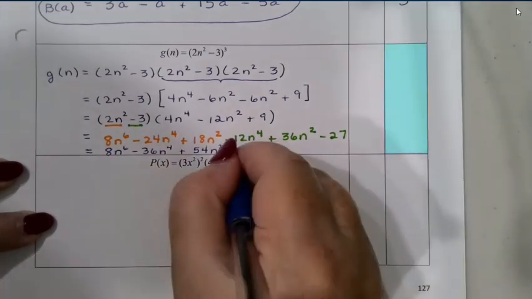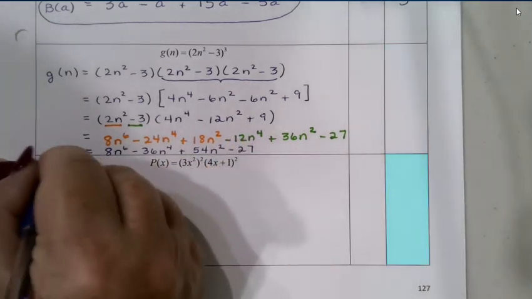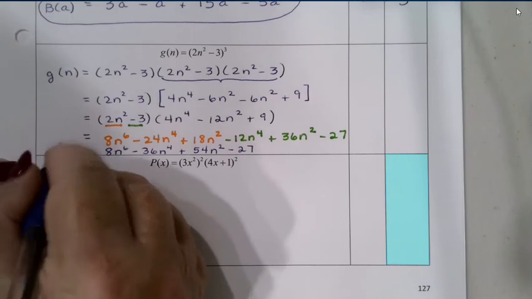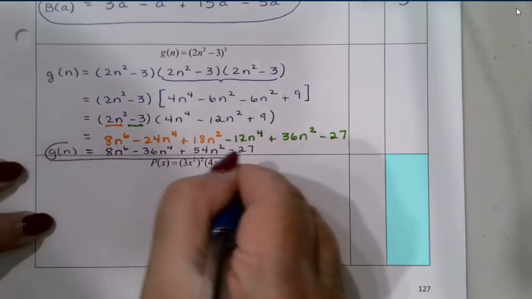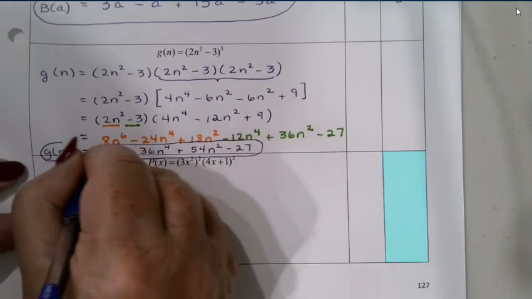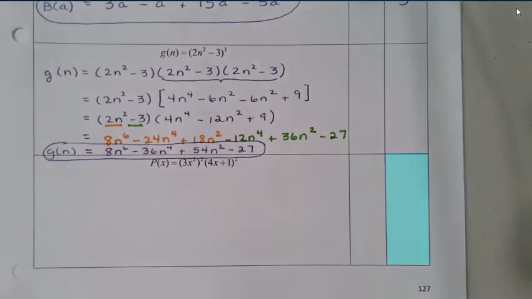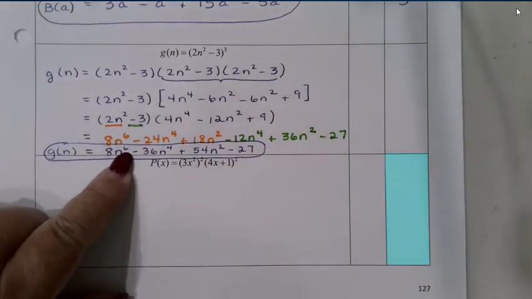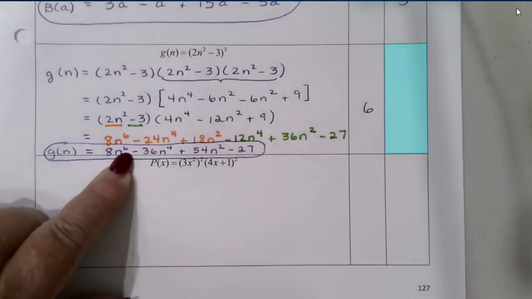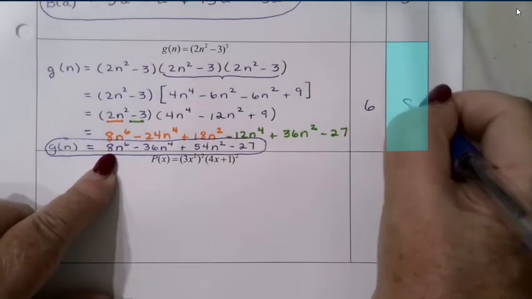And then finally the minus 27. So there is the expanded form for g of n. We ended up with a 6th degree and a leading coefficient of 8.